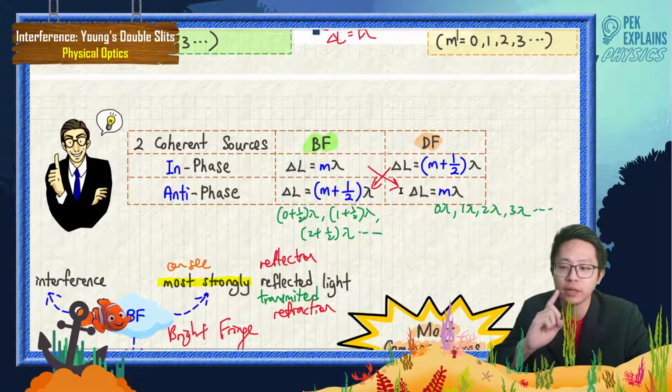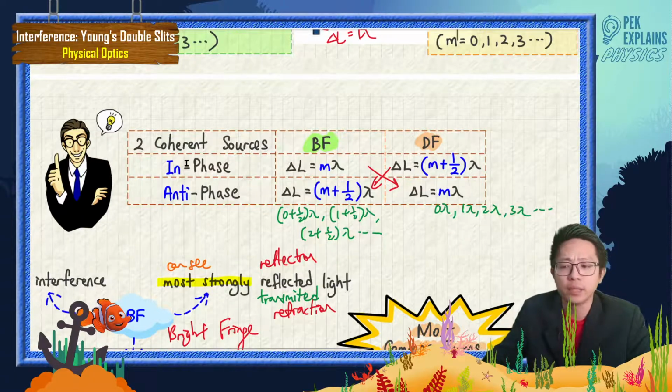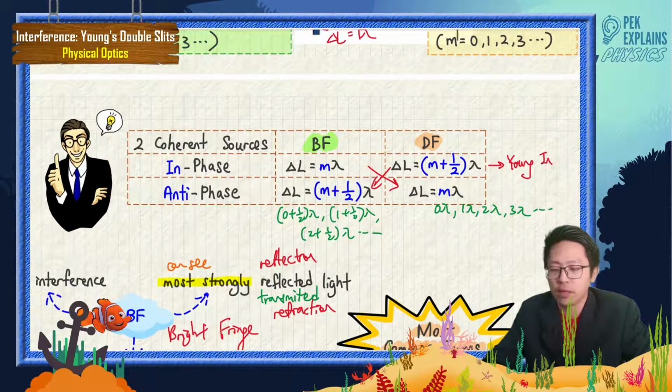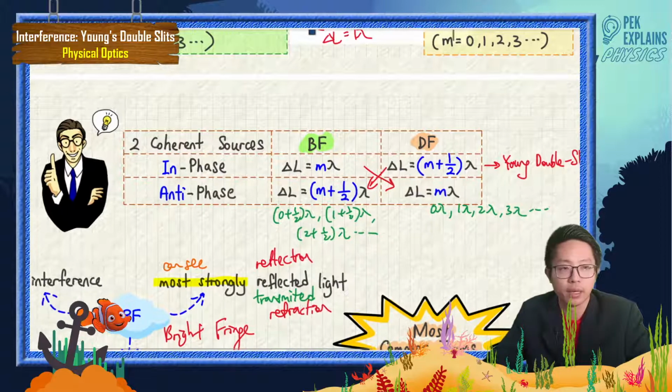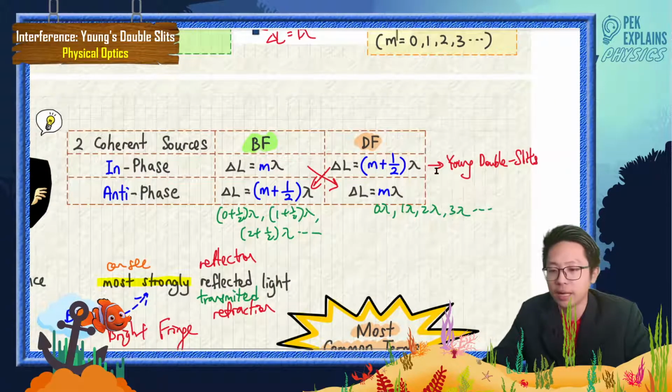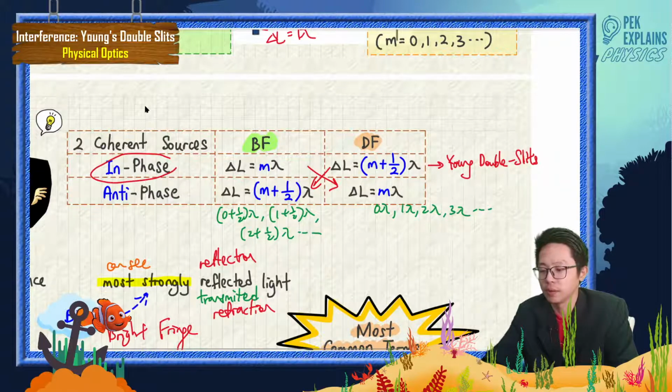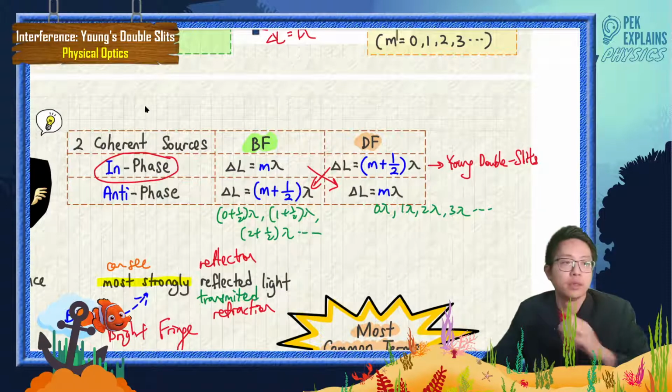So it's very important to identify whether the Young double slit is an in-phase source or an anti-phase source. By now, we already know that Young double slits are categorized as in-phase sources.